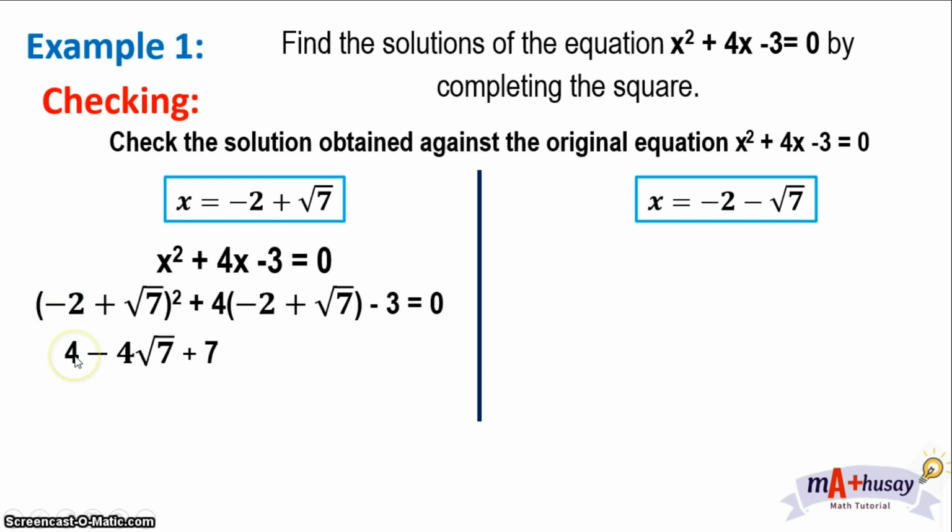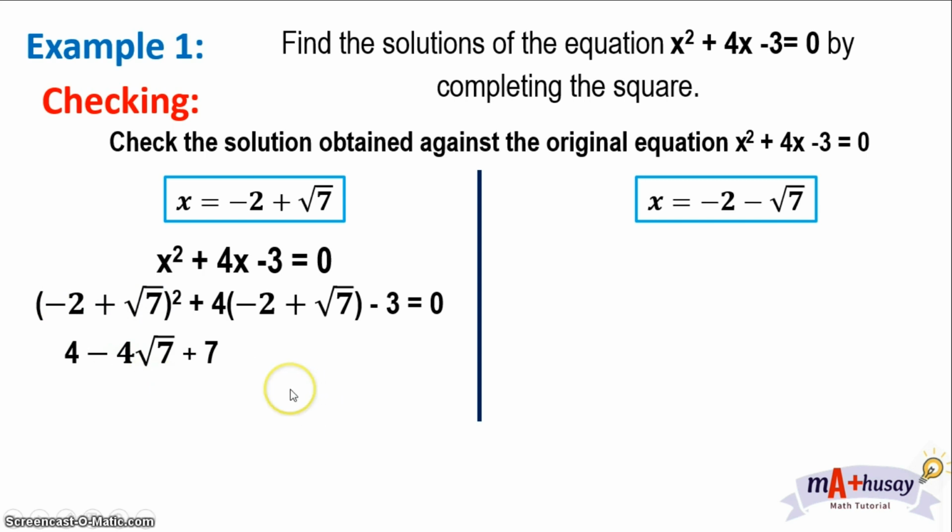Square root of 7 squared is positive 7, because square root of 7 times square root of 7 is still 7. Now, let's combine square root of 7 with negative 2, so you have negative 2 square root of 7. Then you double it, and you will have negative 4 square root of 7.